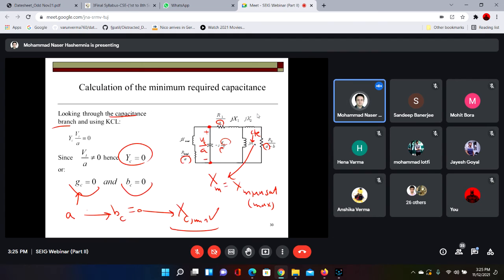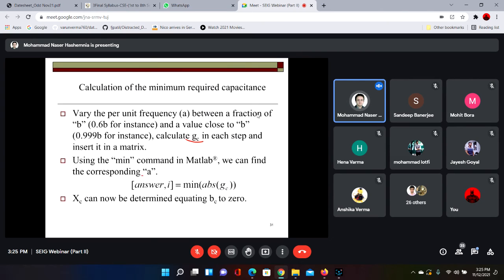GC is 0, you obtain A. After you obtain A, then you go to the imaginary part of the admittance. You equate BC to 0. And after that, you can find XC minimum. So using the minimum command in MATLAB, one can find the corresponding A. So firstly, A is found, then XC can now be determined by equating BC to 0.